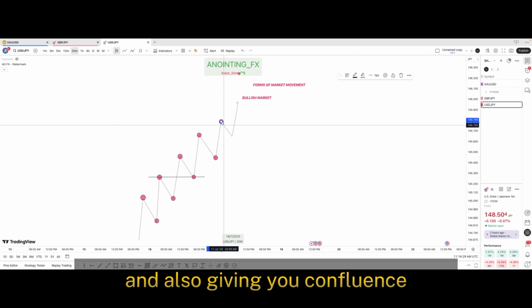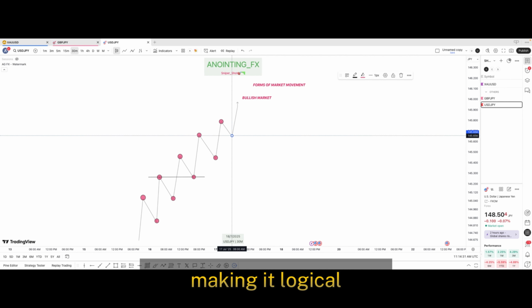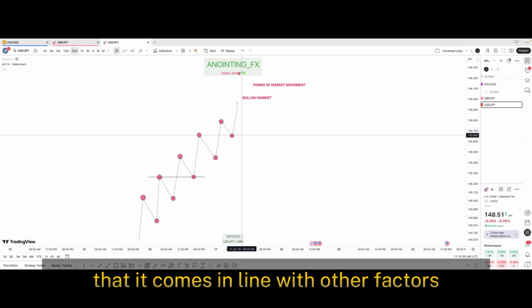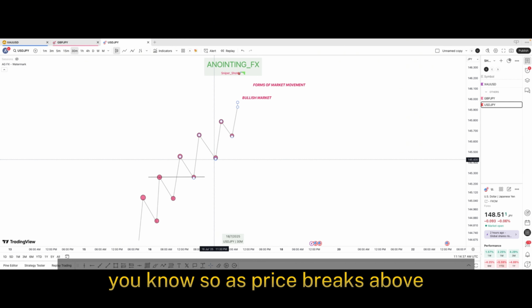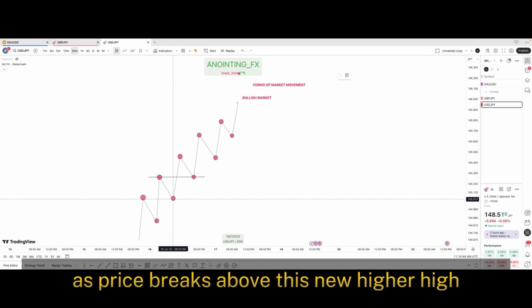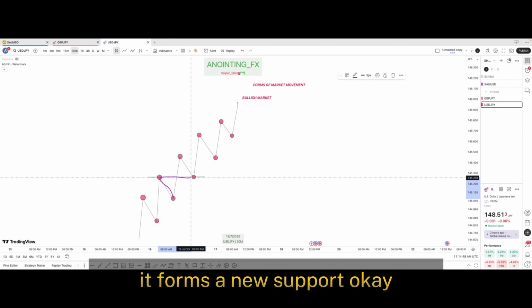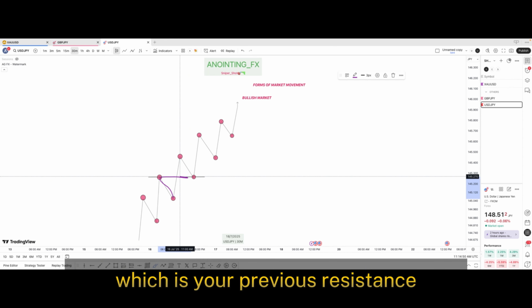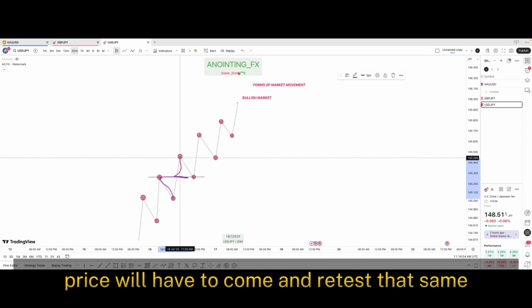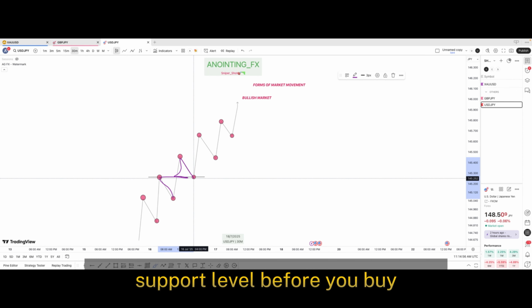And also look for confluences, making it more logical and reasonable as it comes in line with other factors, you know. As price breaks above this new higher high, it forms a new support, which is your previous resistance. And you know that when price breaks any resistance, price will have to come and retest that same support level before you buy.